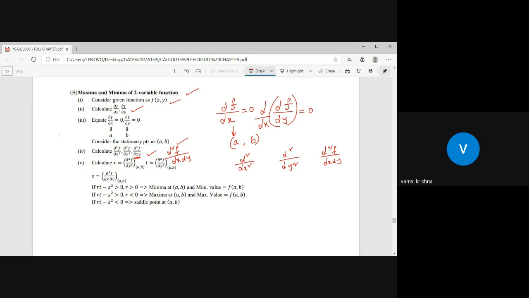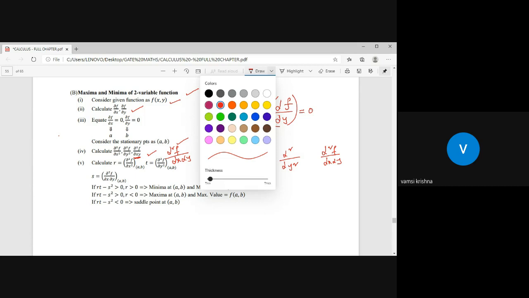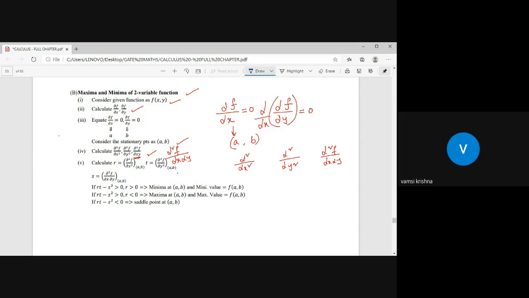After calculating these values, put the stationary point a, b in them and name them. When you put a, b in dou square f by dou x square, let us call it r. Dou square f by dou y square at the stationary point a, b can be t.